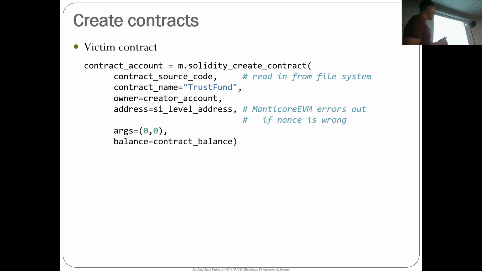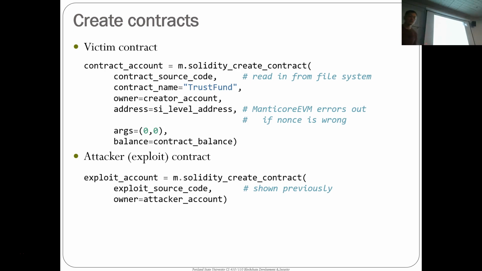All right. And then we want to send our entire balance for our address, because we gave this address all of our contract balance. So now we're going to deploy this contract and then give the contract balance. So this is setting up the initial victim contract that we're trying to get the money out of.